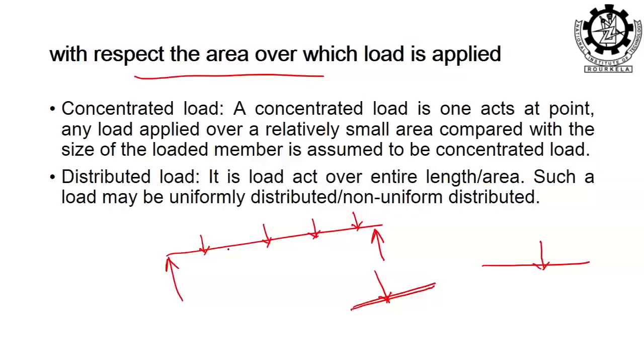Compared to the length, the projected area is just like a point on that line. The total load is coming on an area, but if I compare that area with the beam length, it is negligible. So when it is negligible, I will consider it as a point.